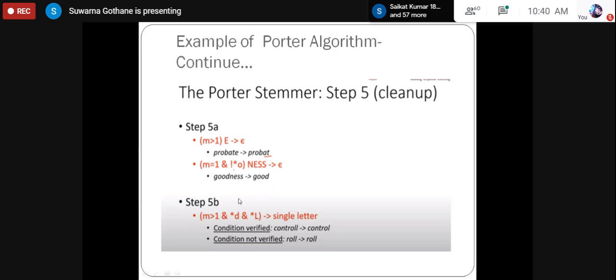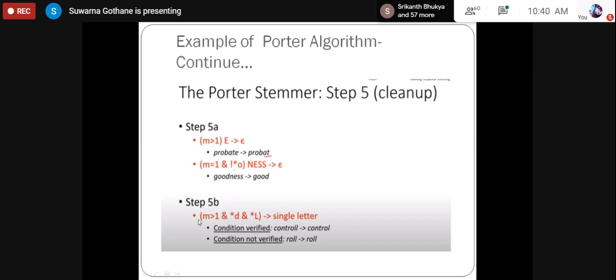Then step 5b, m is greater than 1 and a double consonant is there, and the letter is L. Then it is going to convert into a single letter. For some conditions we need to check.